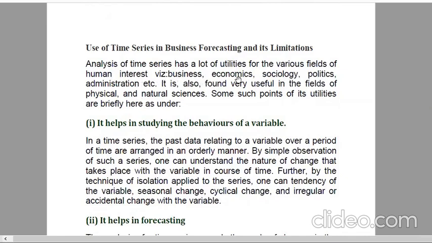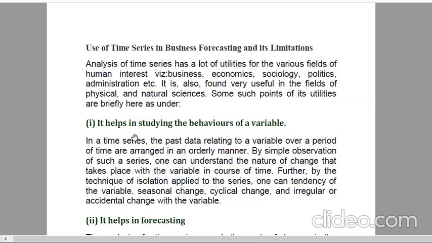Example, business, economics, sociology, politics, administration, etc. It is also found very useful in the fields of physical and natural sciences. As I told you, we can use time series in business forecasting, weather forecasting, right? Examples are also here: business, economics, sociology, politics, administration, right?